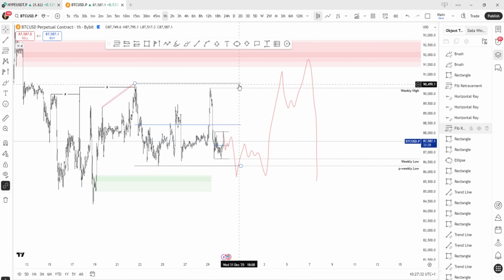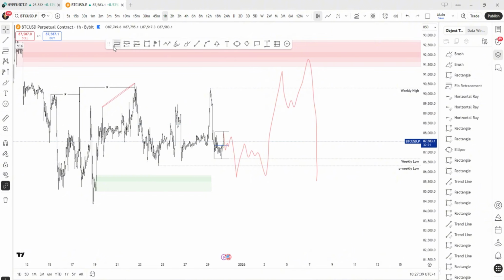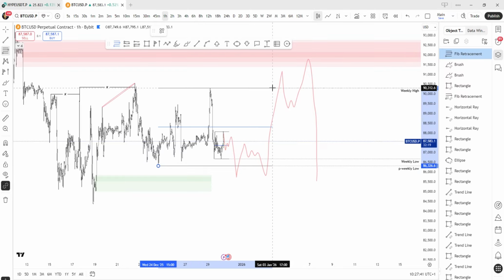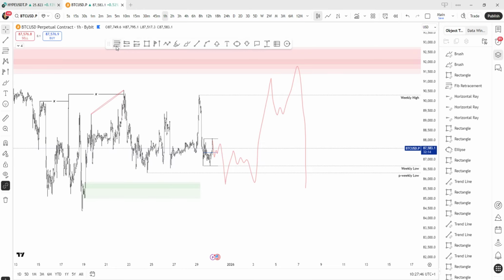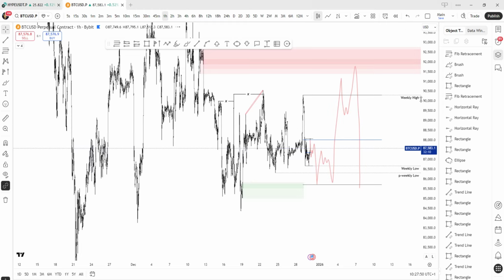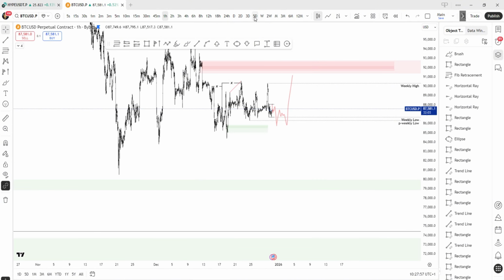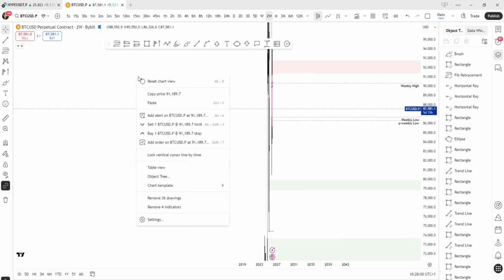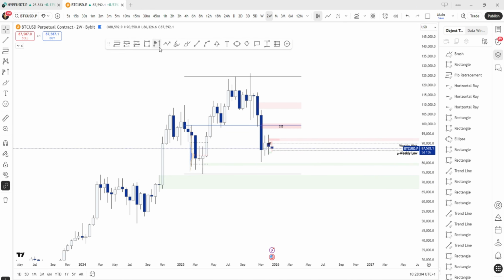So lots of ranges going on here. So basically this is our range. If we get this distribution, maybe we get this mid-time frame accumulation. This mid-time accumulation could be our distribution to go to the second round till 74k. This is basically our technical target from this Wyckoff here.